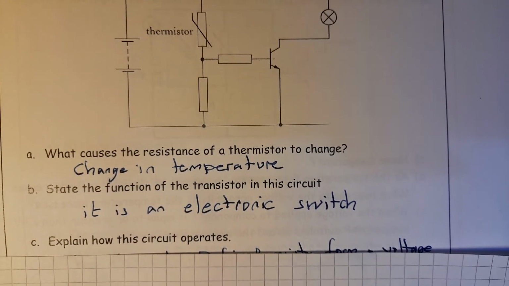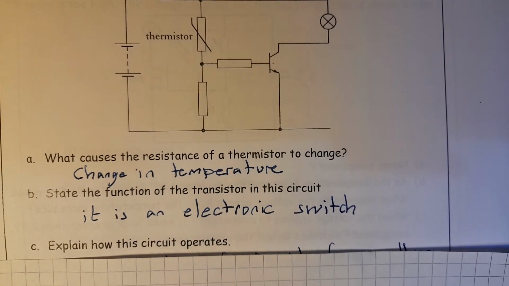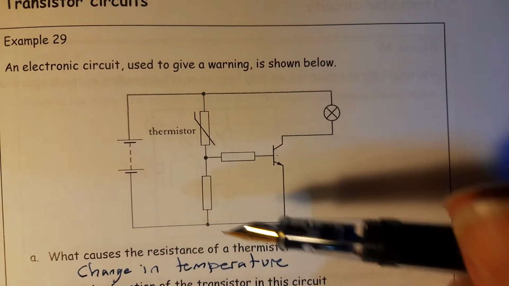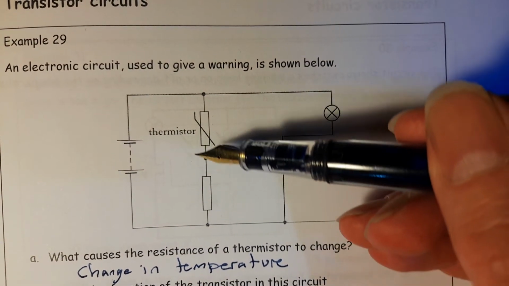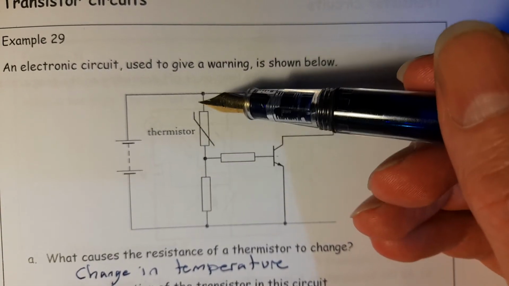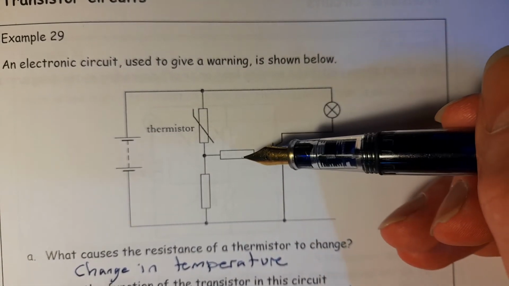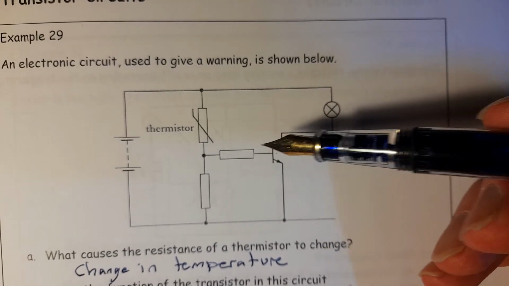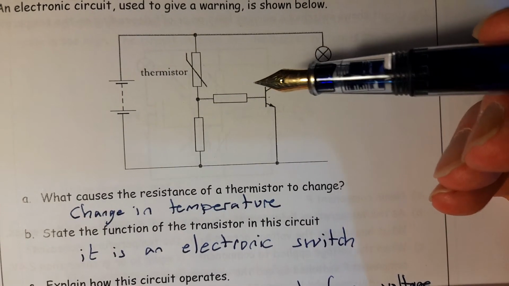Next part, explain how the circuit operates. So the first thing is you've got to realize that you're looking at a voltage divider with these two here connected in series. This resistor is really just to protect the transistor.